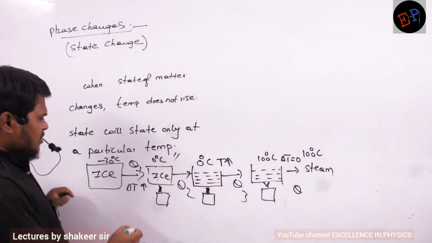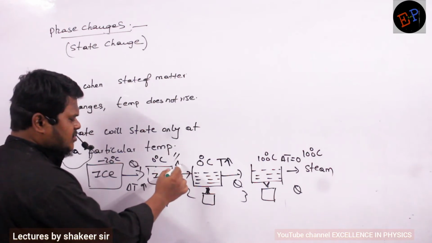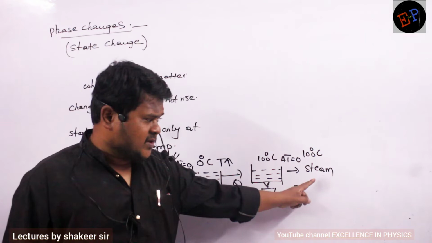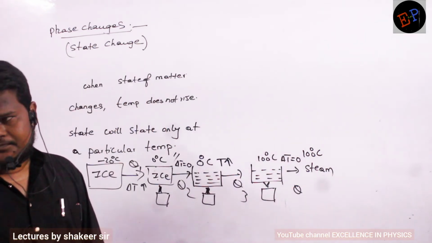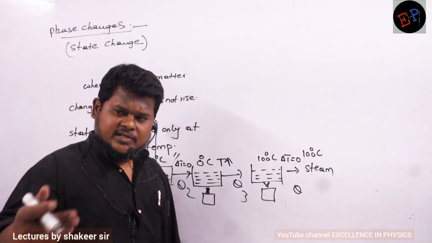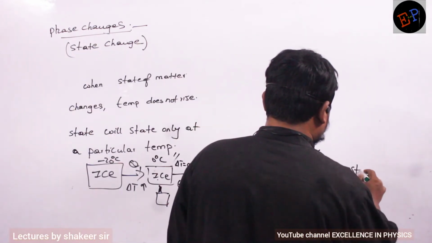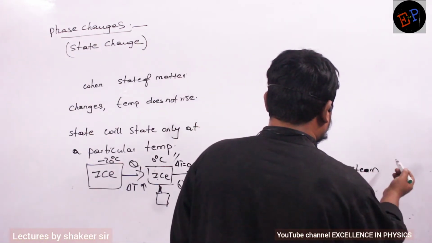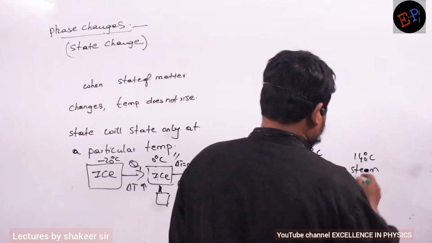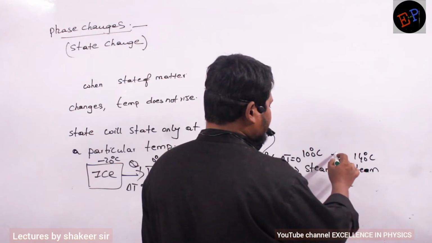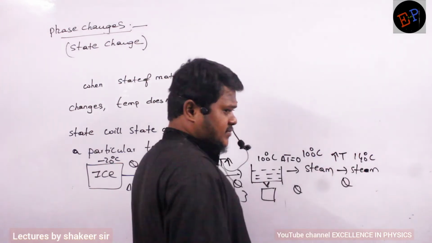So here also, when it is converting, the change in temperature is 0. Now steam, if I start heating it again, what will happen? I am continuing to heat the steam also. Now the temperature of steam will rise, for example to 140 degrees Celsius. So here also heat energy is required, and the temperature will rise.